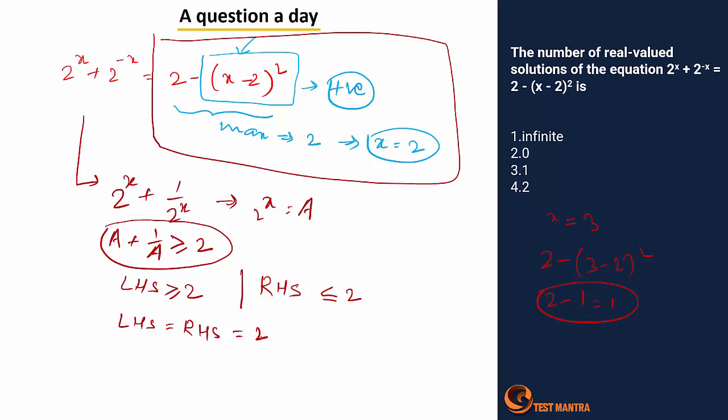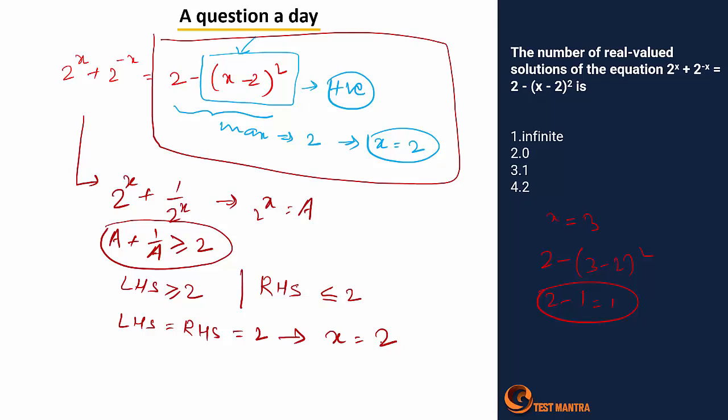then whether the equation is possible or not. To have 2 as this value, my value of x is supposed to be nothing but 2, right?